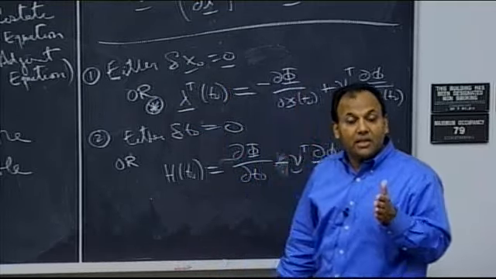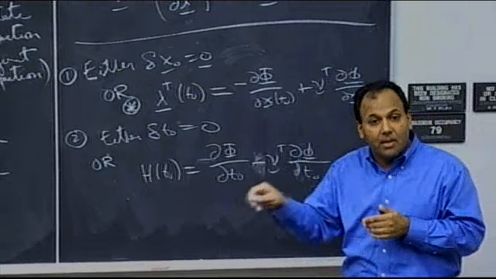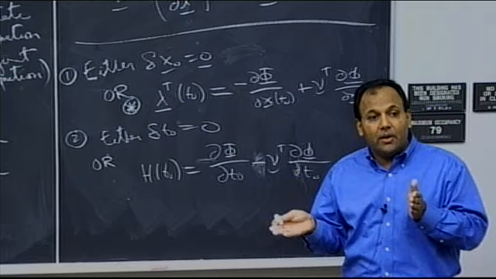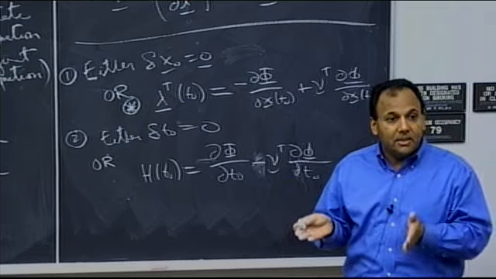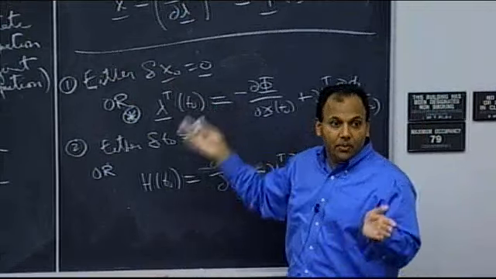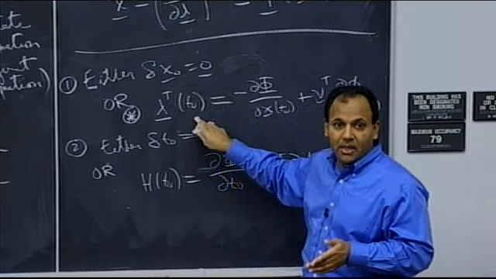The variation in x0 is equal to the variation in x at t0 plus x dot at t0 times the variation in t0. So if either t0 varies or x at t0 varies, this is not going to be 0. Either way, it's going to be non-zero, in which case this thing has to be true.